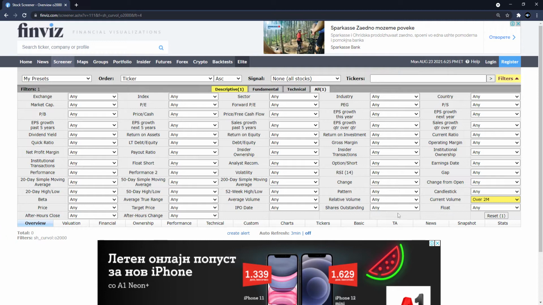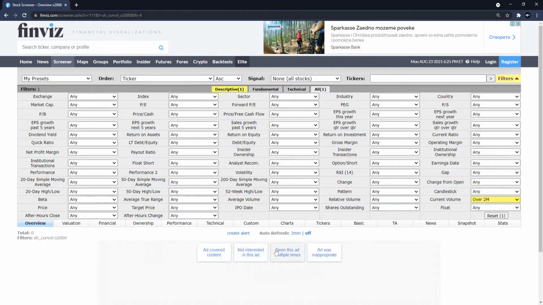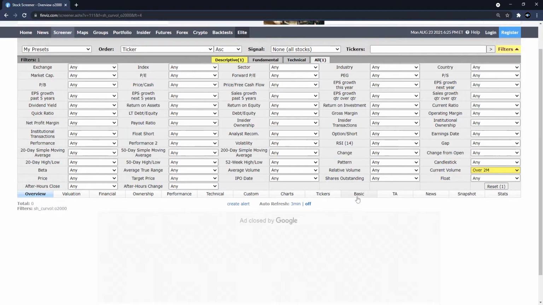The second thing that I would do is let's turn that off. What I personally would love to do is go to relative volume. For those who do not know what relative volume is, it is a ratio. It is often referred to as RVOL. It is derived by comparing current volume to average volume for the same time of day.